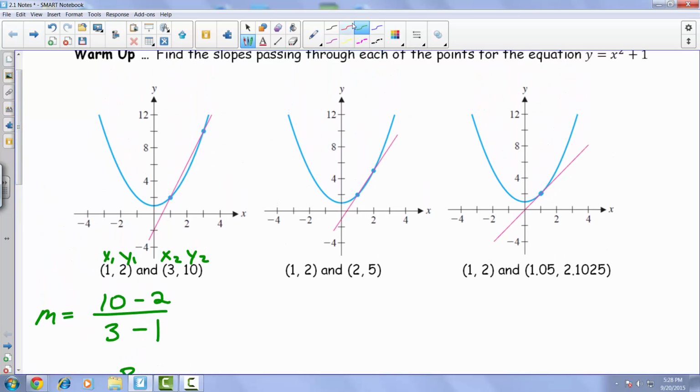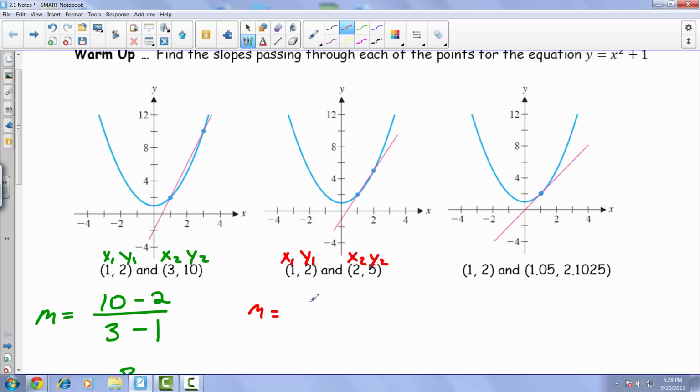Now looking at the second one, we notice that we still have the point (1, 2), and our other point is getting a little bit closer to (1, 2). Now it's at (2, 5). For the slope of our secant here, we'll call this one x1, y1 again, and this one x2, y2.